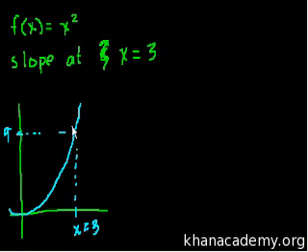So what we do is we take a point, maybe a little bit further along the curve. Let's say this point right here is 3 plus h, right? And I keep it abstract as h because, as you know, we're going to take the limit as h approaches 0.